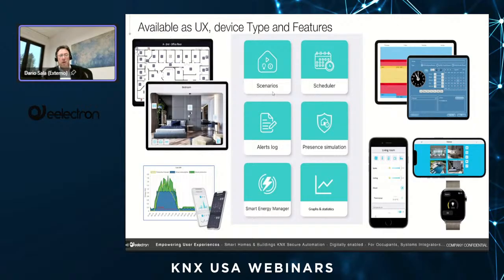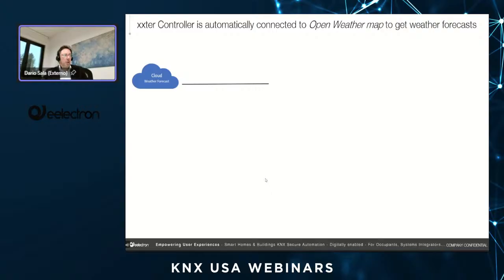It includes the functionalities to create scenarios, schedulers, alerts and technical notifications, presence simulation, energy management and graphics, and you can see that it can be done through a Mac or from a PC to a tablet, by mobile, of course, but you can also report some information from the smartwatch. And you can see that you can also interact with the cameras, with respect to what you can do from an intercom system or from a simple image.